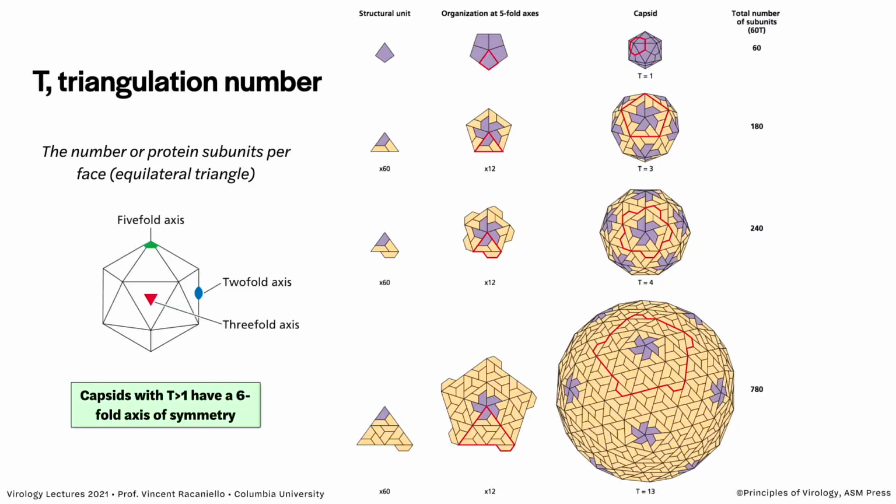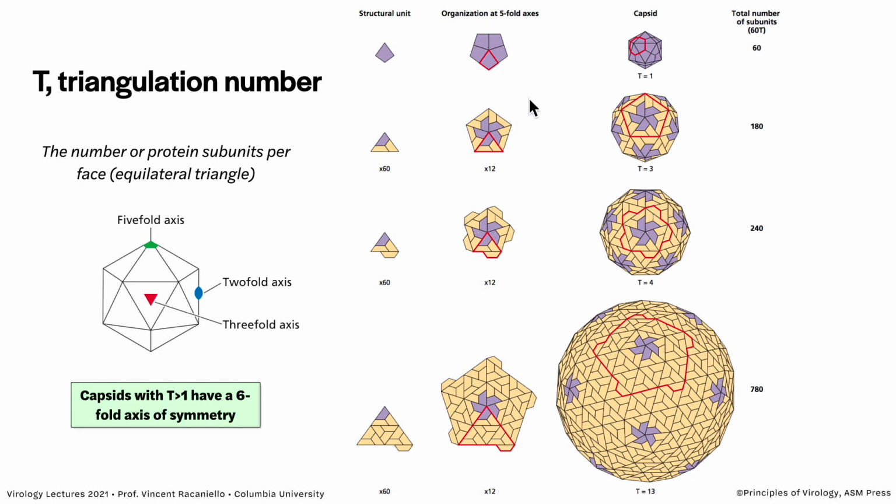That's all that means. Now, the other aspect of icosahedral symmetry that I want to tell you about is what's called the T, or the triangulation number. And this is actually defined mathematically, but I want to give you a simple definition, which is visual on this slide. The T number is the number of protein subunits per face of the icosahedron, or the equilateral triangle, right?